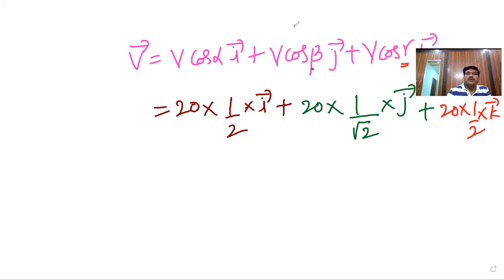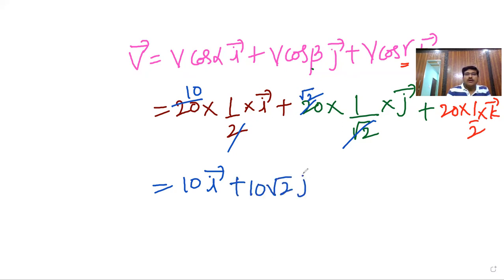Substituting the values, finally, these two give 10. So 10 i bar. Again, 20 by root 2 becomes 10 root 2, so plus 10 root 2 j bar, plus 10 k bar.